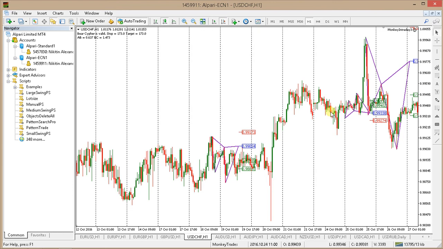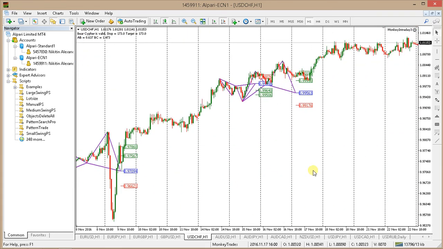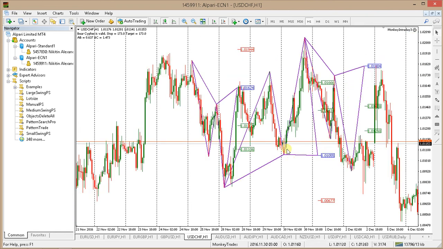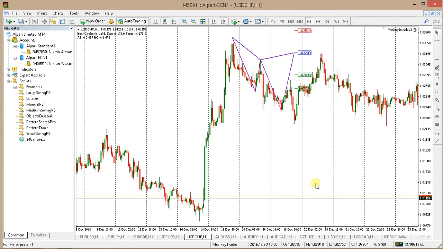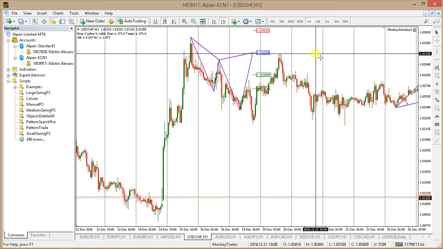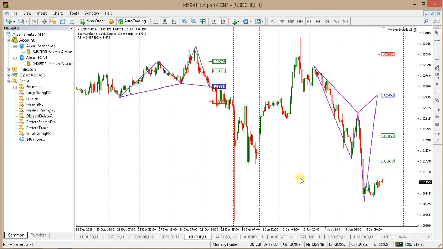True, strict to the upside. This one was a loser, yes. Winner, winner, winner, winner after winner. You have 3 of them in a row. Winner. This one, winner. It didn't hit the stop loss. And this one, winner. This didn't trigger. Yes, we have some losers.